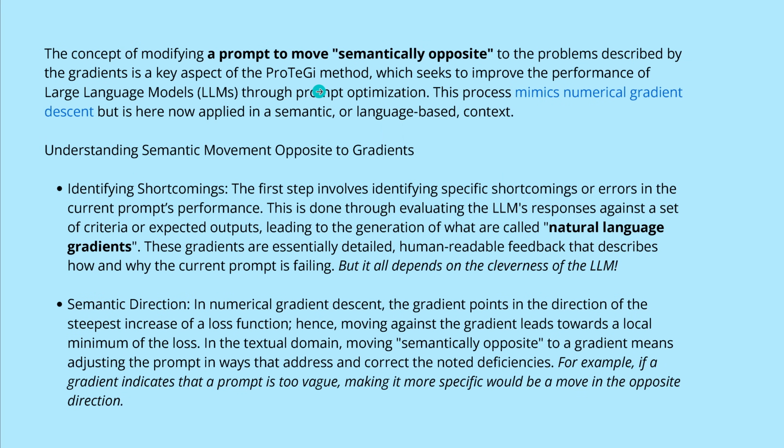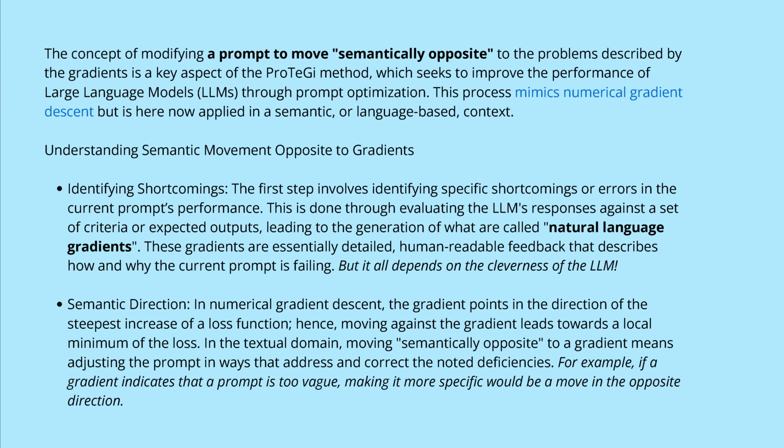Now, let me come back here to this concept of modifying a prompt to move semantically opposite. Because this is not where you say, hey, this is a mathematical clear definition. So what we want to do, we want to improve here the performance of the model, the output that is generated, but not by learning new facts or learning new knowledge or having a new pre-training, but through prompt optimization, prompt engineering.